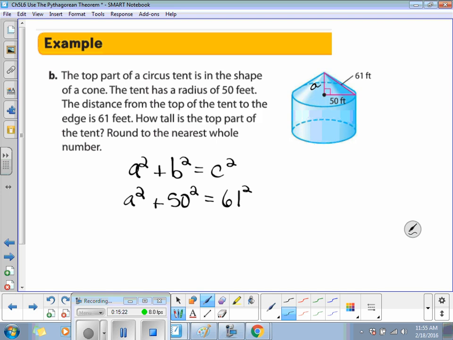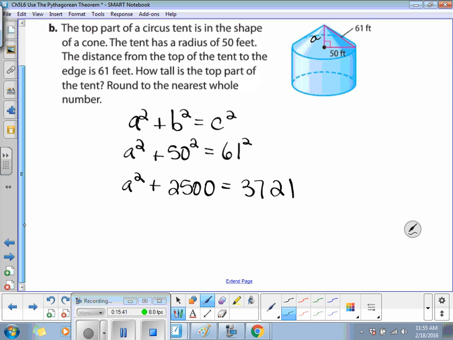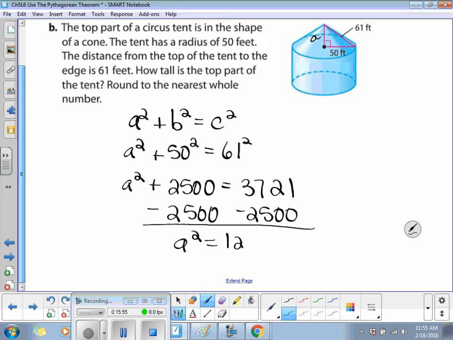Okay? And now we just simplify. So A squared plus 2,500 is equal to 3,721. Now, to get the A squared by itself, we will subtract 2,500 on both sides. And what do we get? A squared is equal to? 1,000. Very good.